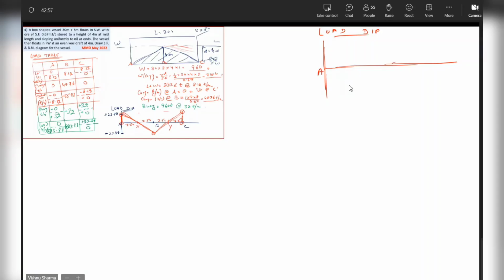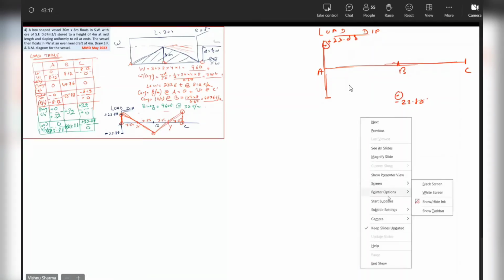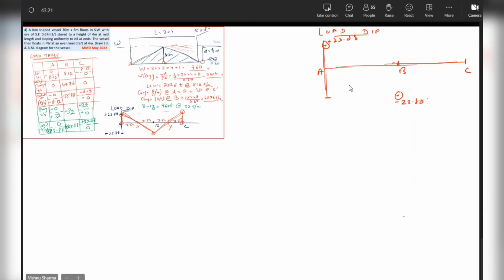A, B, and C. And we had plus 23.88, minus 23.88. And then we joined them with a straight line. Once you have got the load diagram, how to proceed after that is what I'm going to focus upon now.